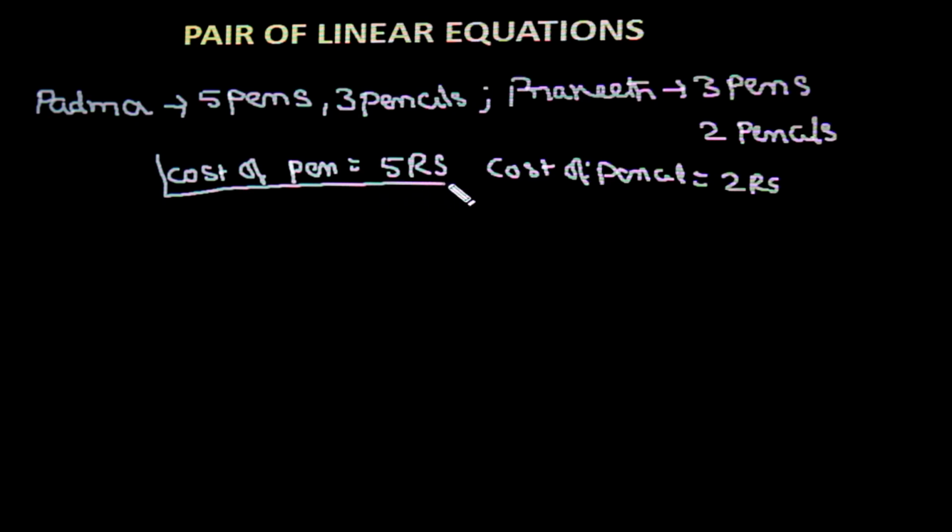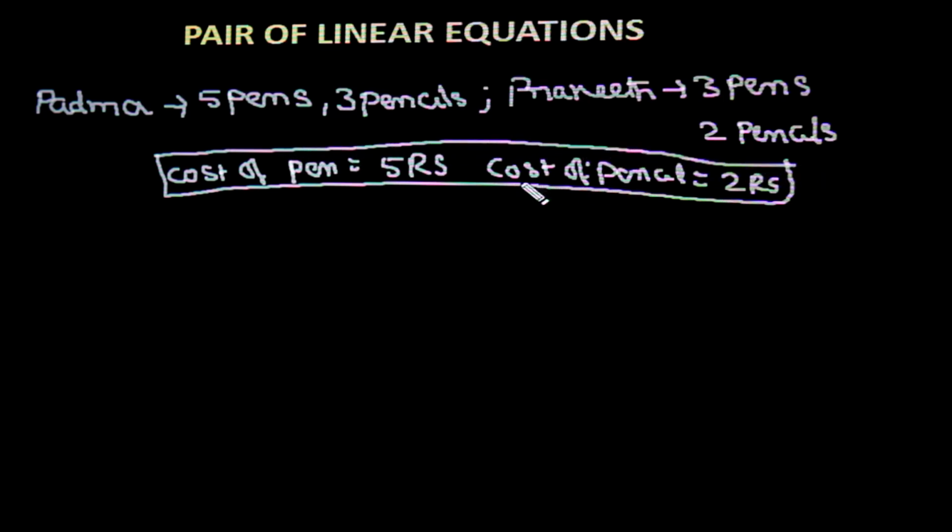Keeping this as a secret, they have not revealed the cost of the pen and the cost of the pencil. She simply said, I purchased 5 pens and 3 pencils. If you use P for pen, pencil also starts with P, so there will be confusion. Therefore, the cost of a pen we take as x and the cost of a pencil as y.